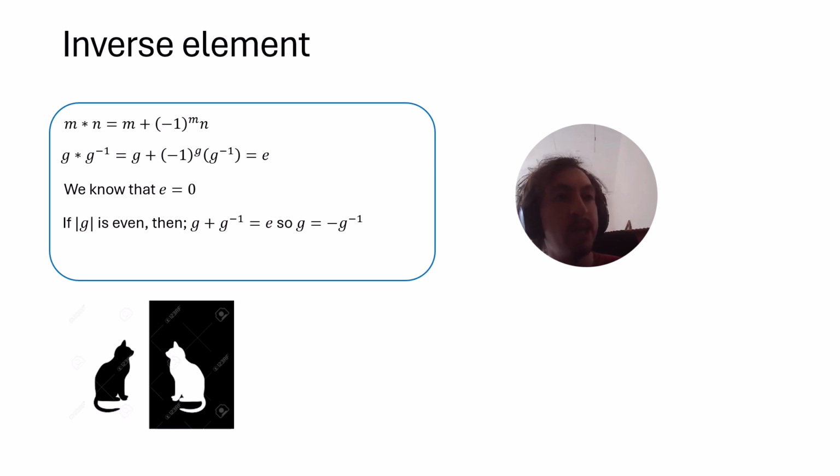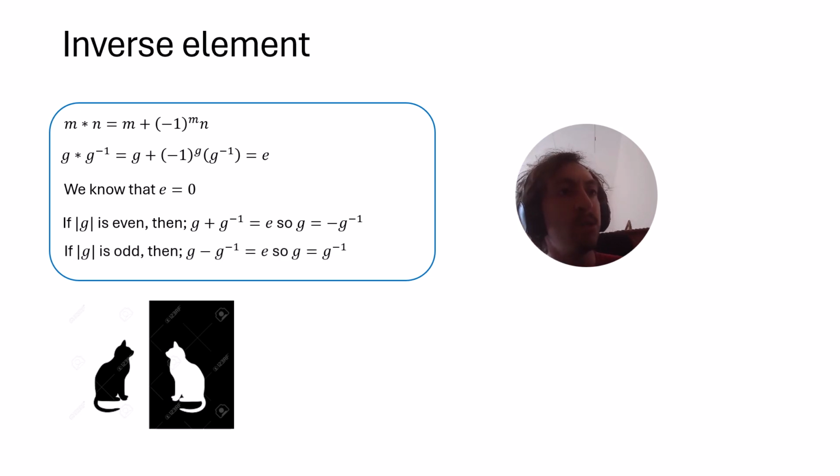So g is equal to minus its inverse. So for example, the inverse of 2 in our group would be -2. And the inverse of -4 in our group would be 4, and things like that.